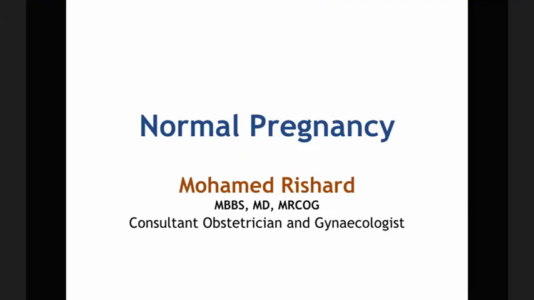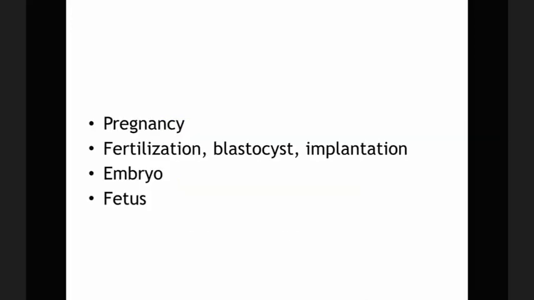Okay, okay. So I don't think I have anything new to tell, but this is only to recap what you know or what you have heard about pregnancy. You all have studied how fertilization occurs in the fallopian tube and how it is transported into the endometrium, and it changes throughout a few days.